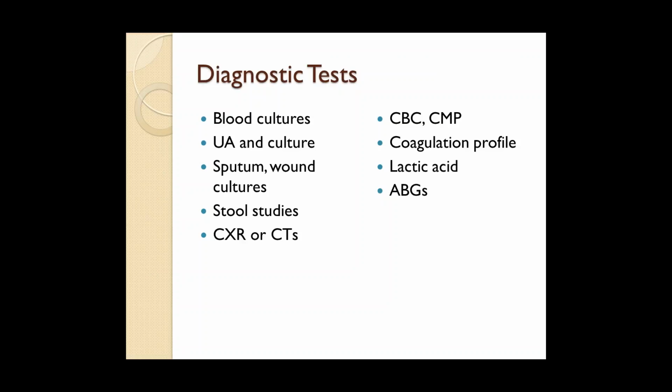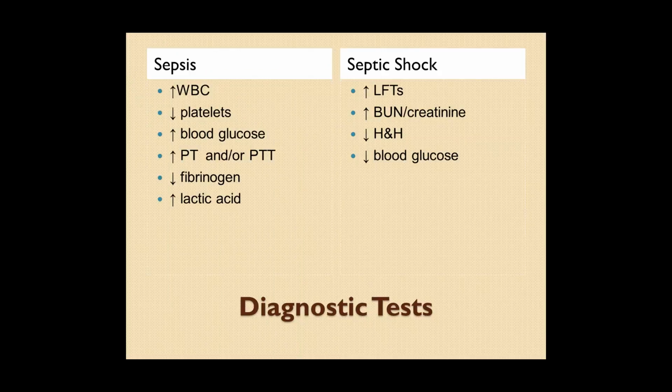A chest X-ray and/or CT scans can be used depending on the level of clinical suspicion for the source of the underlying infection. Patients will require a CBC and complete metabolic panel in order to assess the level of organ damage as a result of the sepsis or septic shock. And as we discussed previously, sepsis is a risk factor for DIC, therefore a coagulation panel is indicated. Patients need a lactic acid level and arterial blood gases to also assess the level of sepsis and/or development of septic shock.